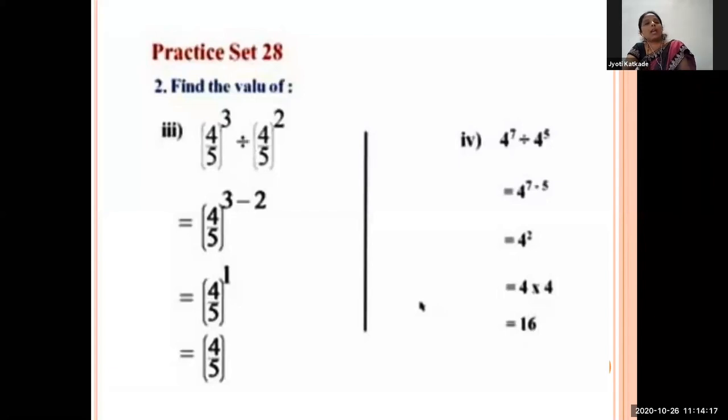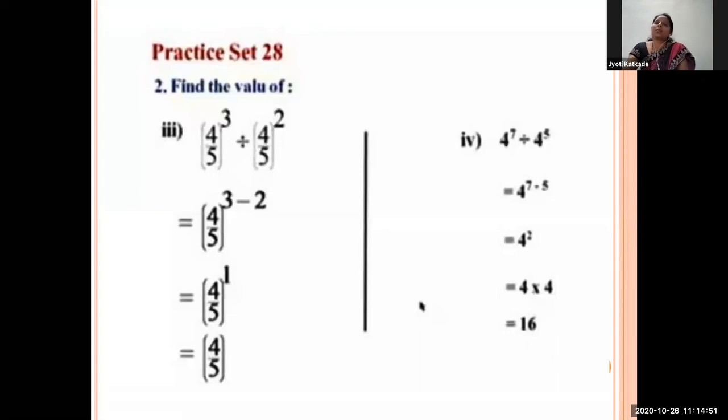If the power of any number is 0, then the answer is 1. Very good. A raised to 0 is equal to 1. Now the second question, if the power of any number is 1, suppose for example 3 raised to 1 is equal to 3.